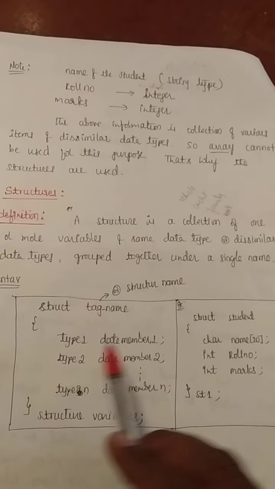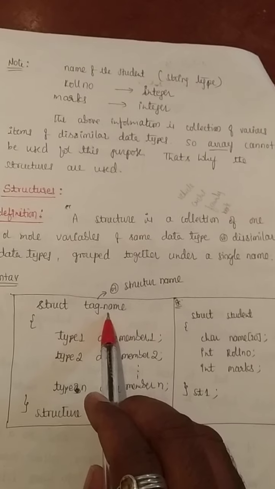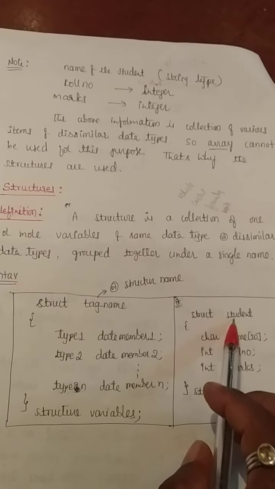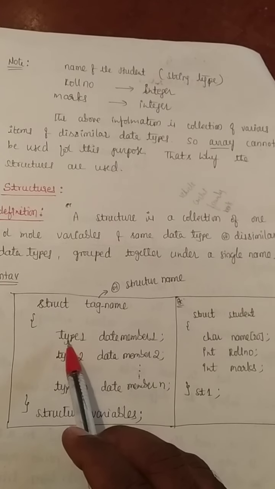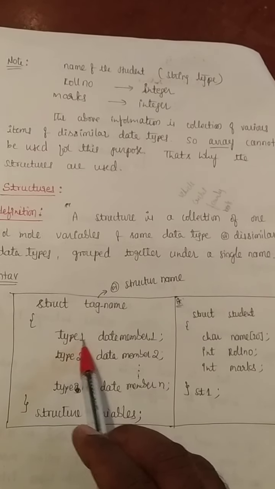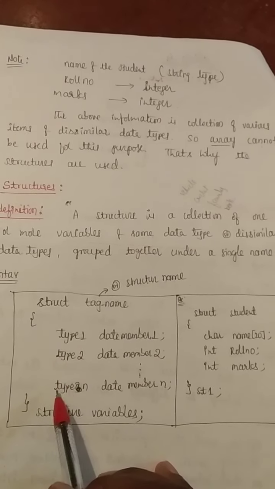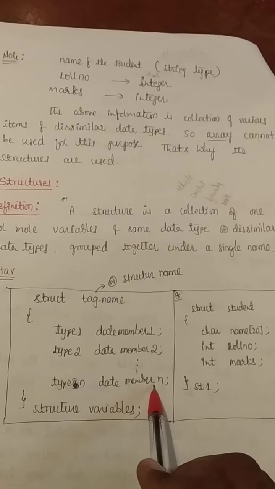What is the syntax for this one? We can see here, struct followed by the tag name. Tag name is nothing but the structure name, what we used here, student. Then one set of flower braces. Within the flower braces we can use data type 1, data member 1, data type 2, data member 2. Like this I can have n number of data types and n number of data members.